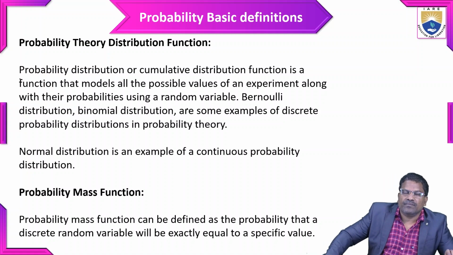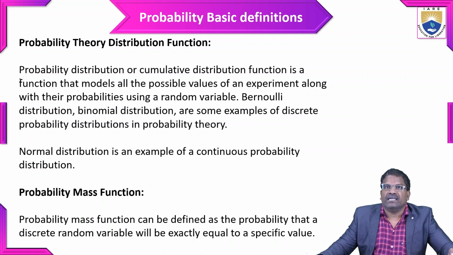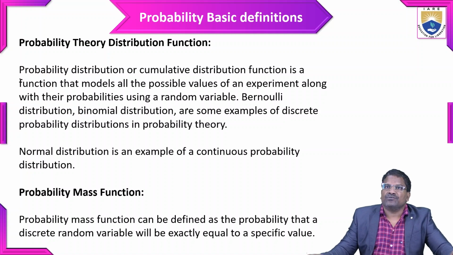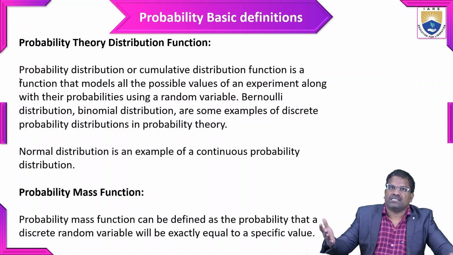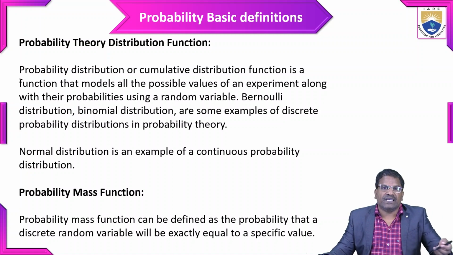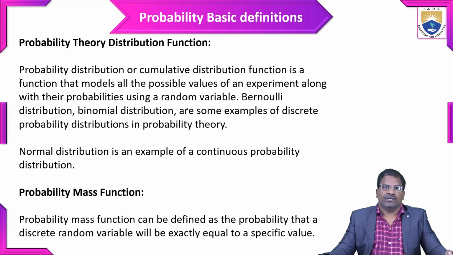Now let us see the probability theory distribution function. Probability distribution or cumulative distribution function is a function that models all the possible values of an experiment along with their probabilities using a random variable.